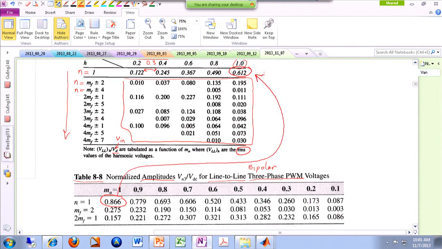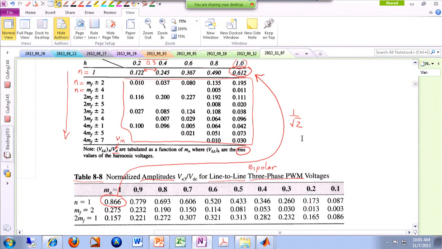So these numbers are the same. The difference is the division by the square root of 2, obviously because one of them is giving you the amplitudes, the other one is giving you the RMS values. But again, all of these are line-to-line voltages. If you happen to want to do line to neutral, remember line to neutral is 1 over the square root of 3 times the line-to-line voltages.